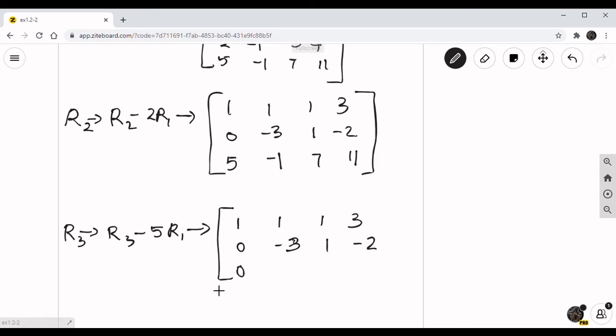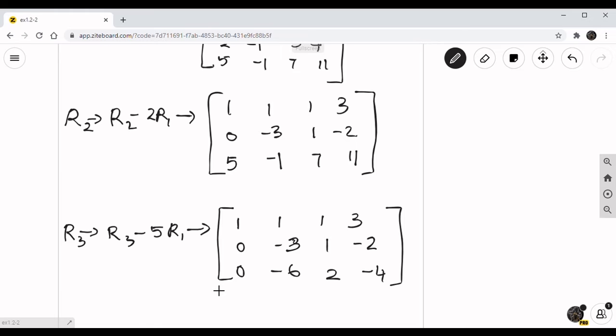Minus 1 minus 5 becomes minus 6. 7 minus 5 becomes 2. 11 minus 5 into 3, that is 15, so 11 minus 15 becomes minus 4.